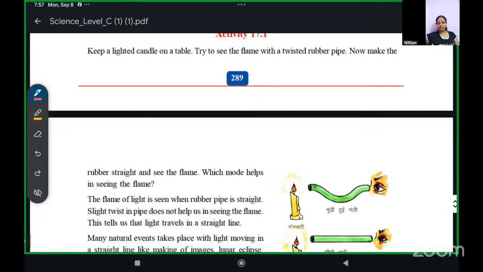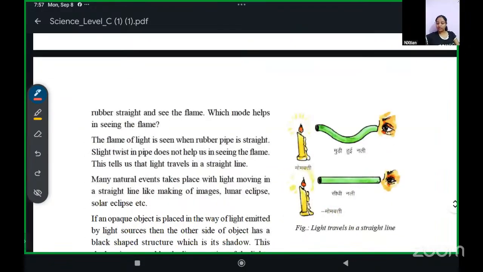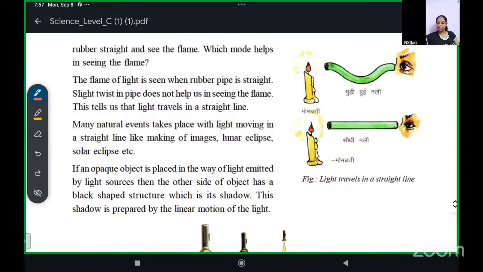Try to see the flame with a twisted rubber pipe. Now make the rubber pipe straight and see the flame. Which mode helps in seeing the flame? The flame is seen when the rubber pipe is straight, and a slight twist in the pipe does not help us in seeing the flame. This tells us that light travels in a straight line.